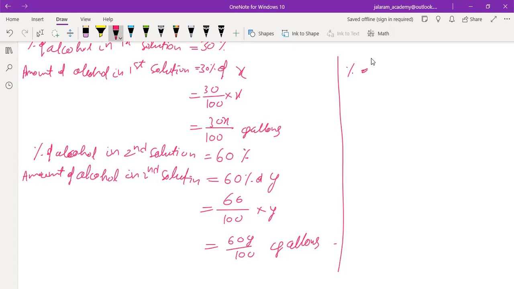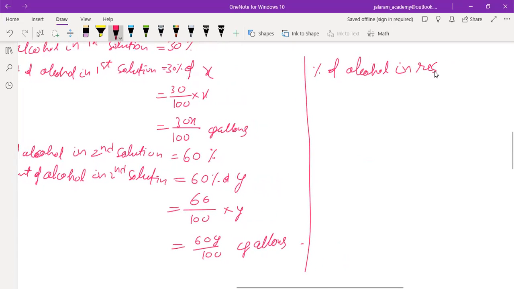So the percentage of alcohol in the resultant solution. What is it? It is also given in the question.